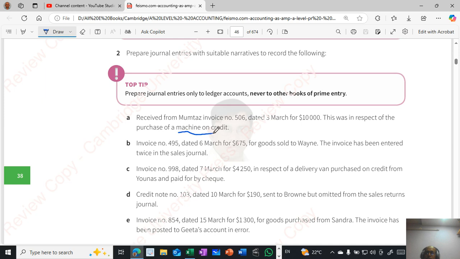The entry will be recorded as machine account debit to Mumtaz account credit. Why? Because we are purchasing the machine from Mumtaz.